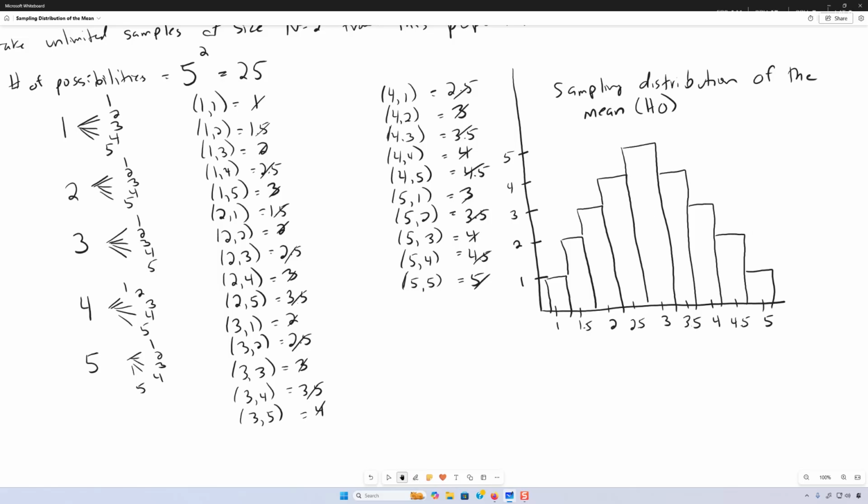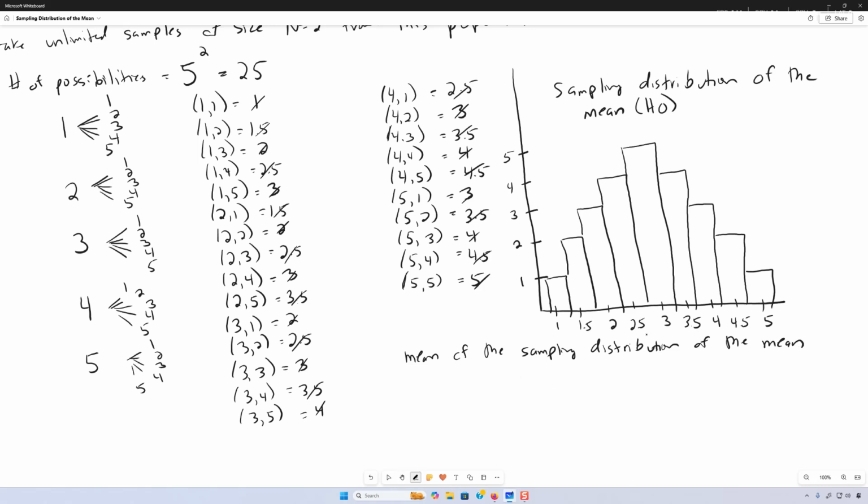Now, the mean of this distribution here, right, is 3. So the mean of this sampling distribution of the mean, so mean of the sampling distribution of the mean, that's a pretty tricky thing to say.